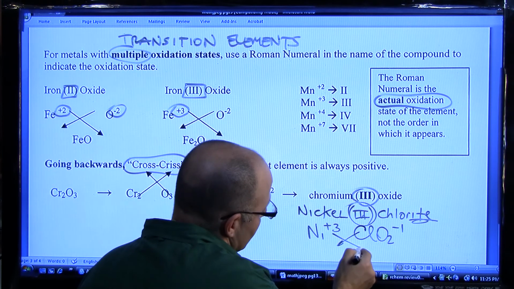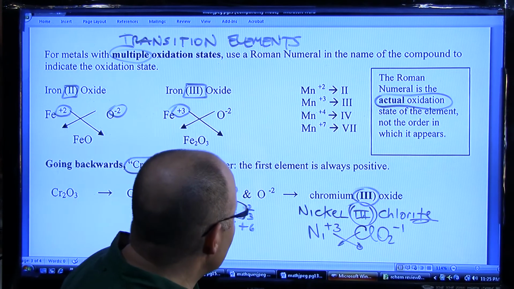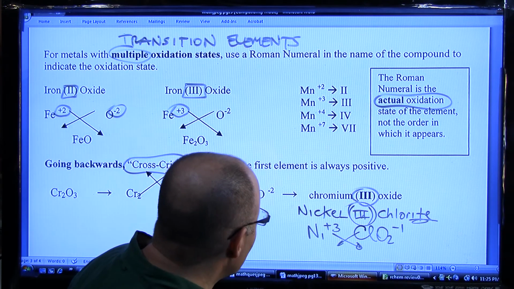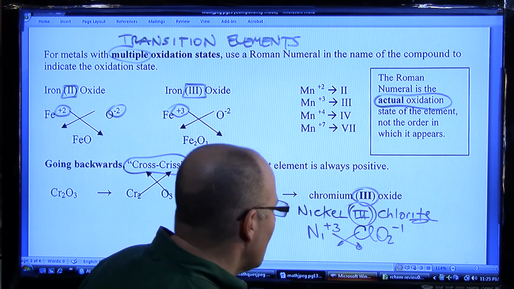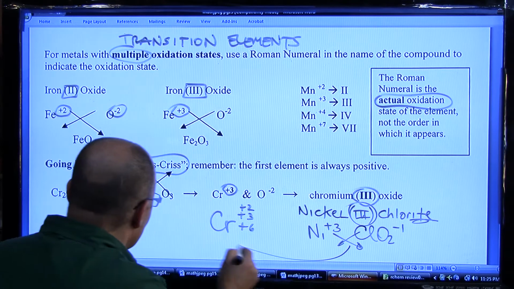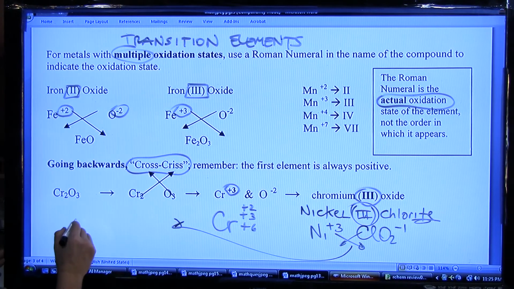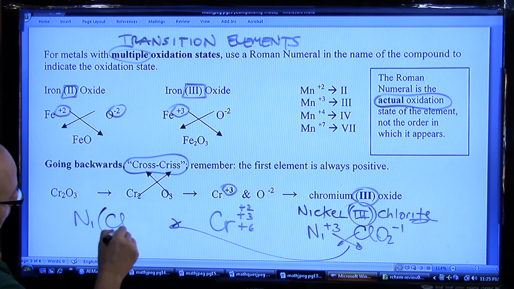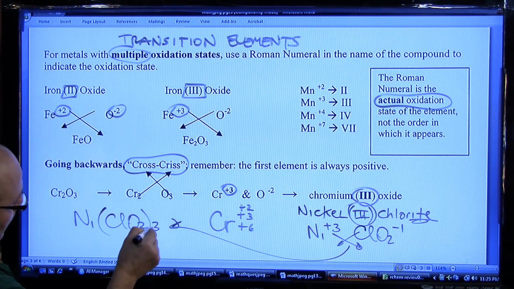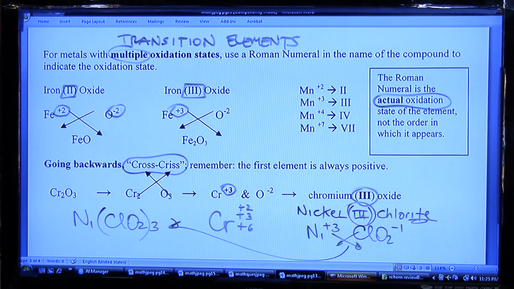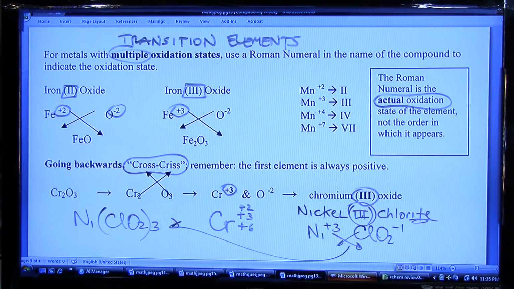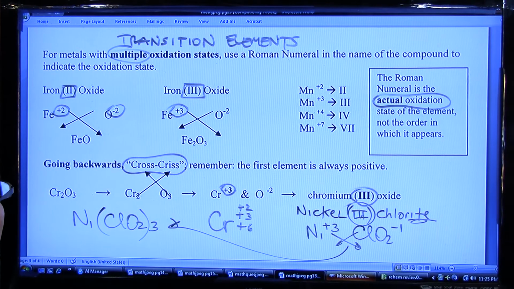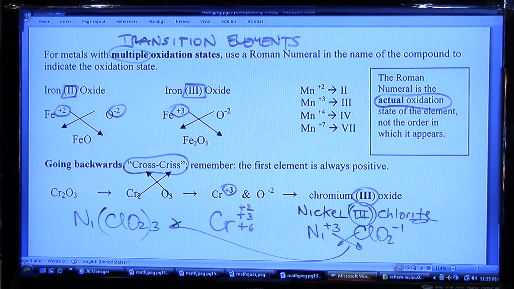Then when you crisscross these, you end up with Ni(ClO2)3. Right, so I'm running out of space here, so let me write it over here. Ni(ClO2)3, indicating that there's one nickel ion and 3 chlorite ions necessary to form a neutral compound of these two.